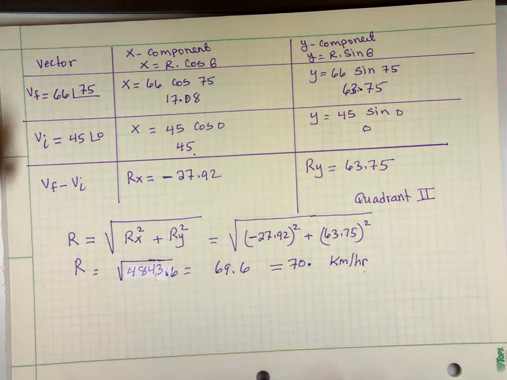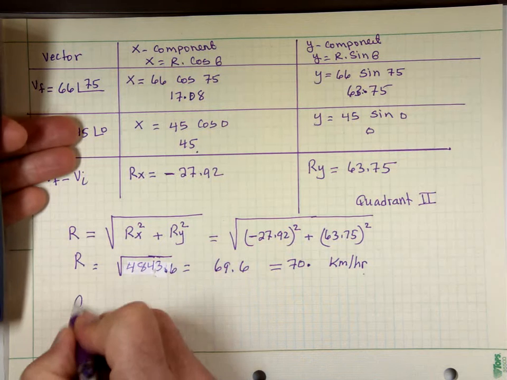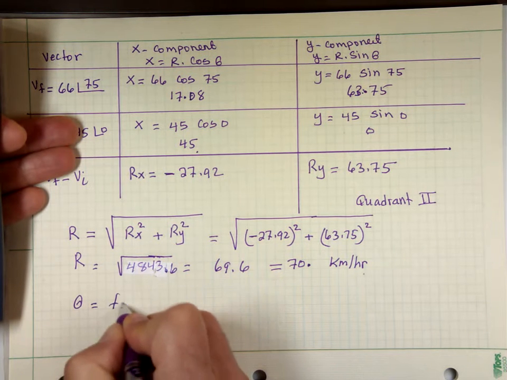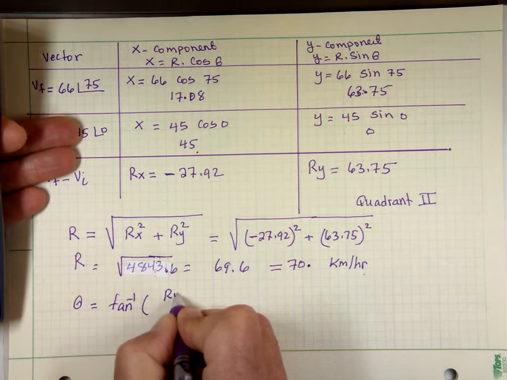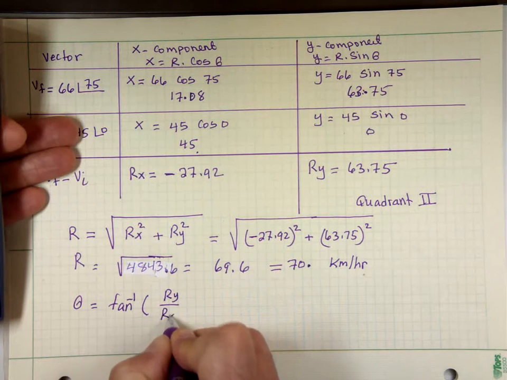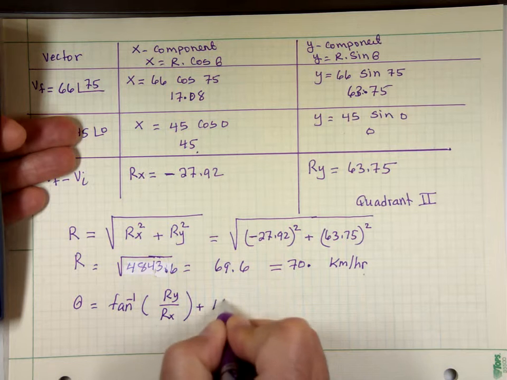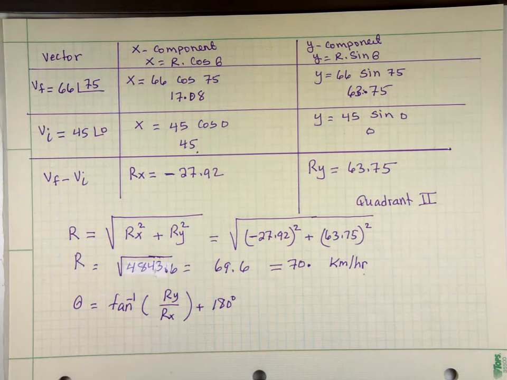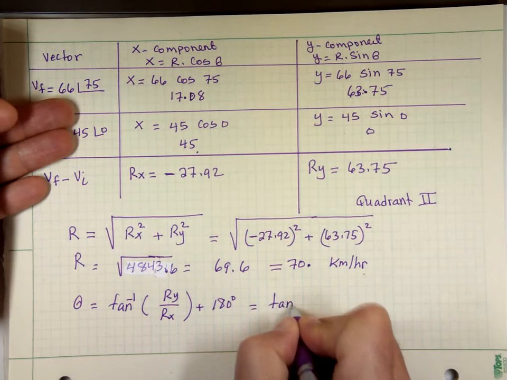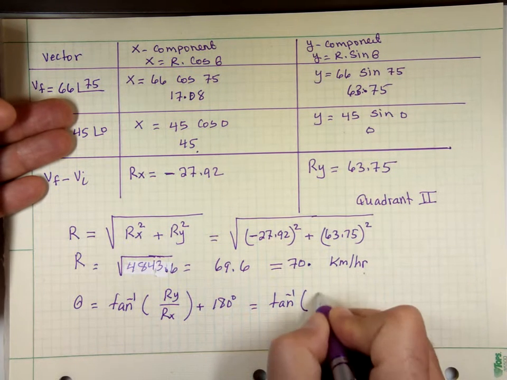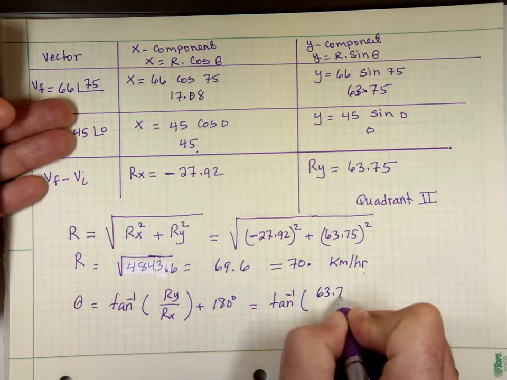And what is theta? It's the inverse tangent of the Y value over the X value, and don't forget to add to it 180 degrees because you are in the second quadrant. What is Y? 63.75.